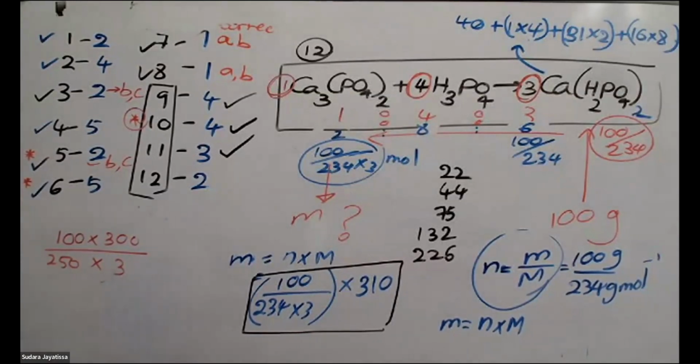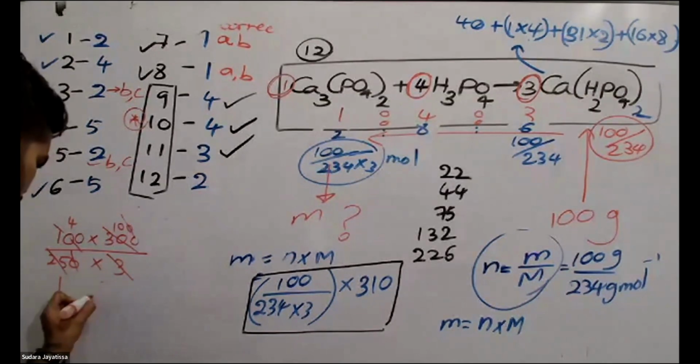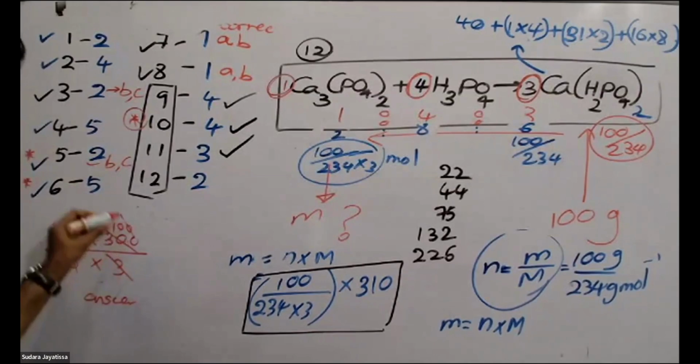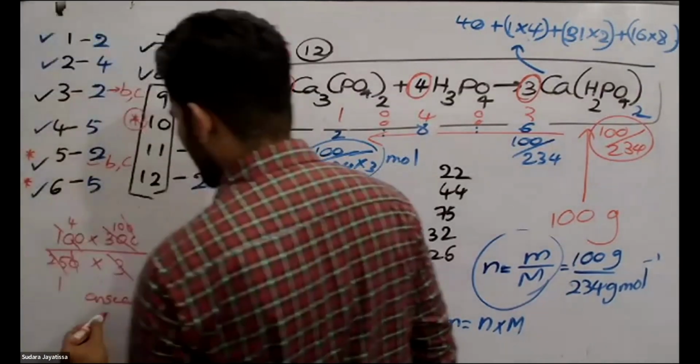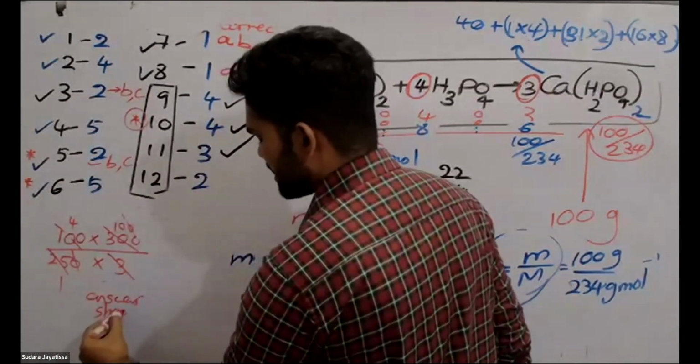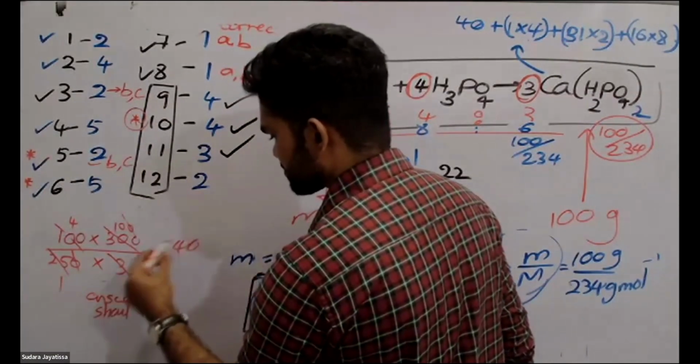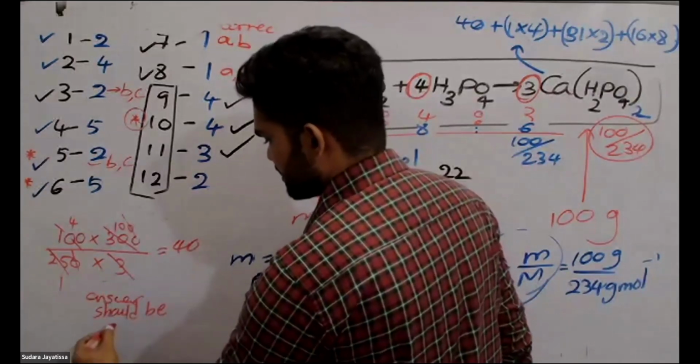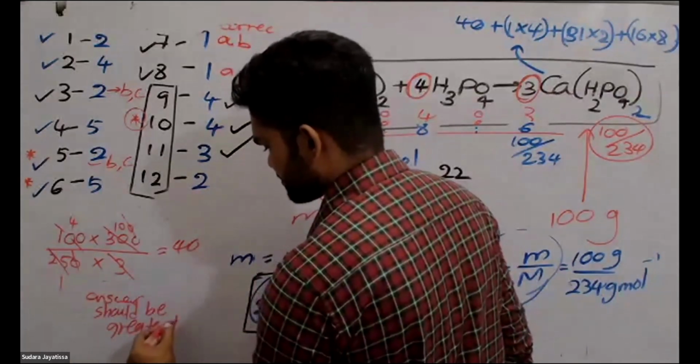And here you can say it is 100. Cut it, and you can cut another 0 here. Then here you have 4. Answer should be something above 40. So here the answer you are getting is 40, no? But the actual answer should be greater than 40.